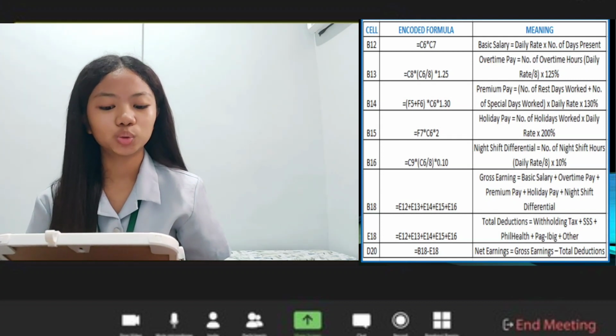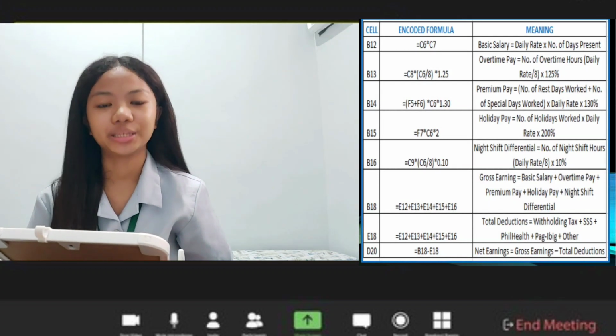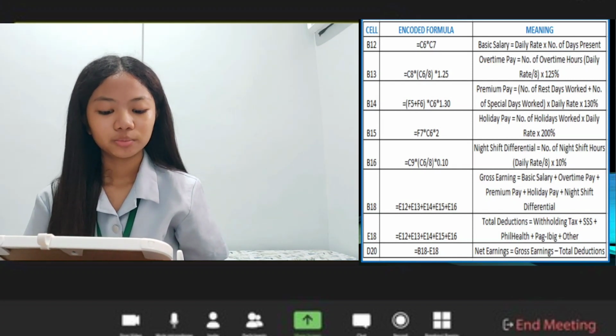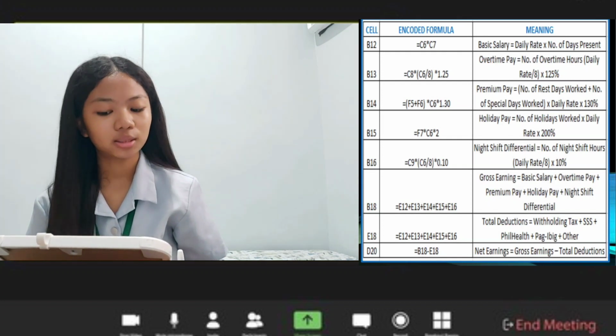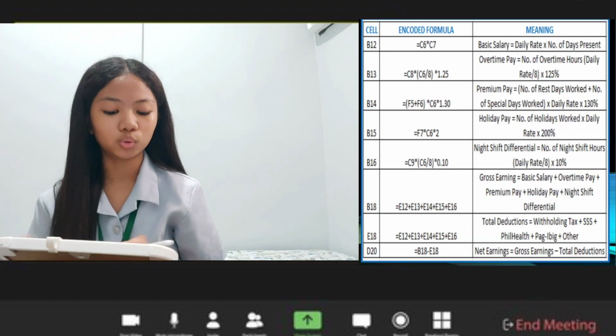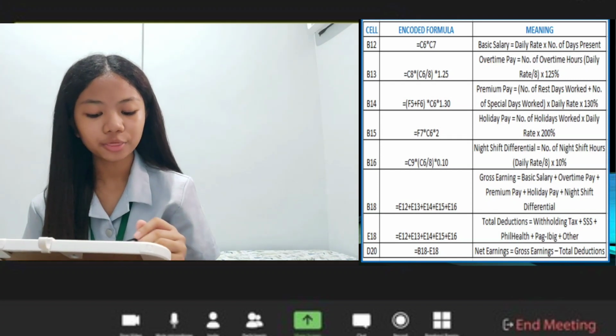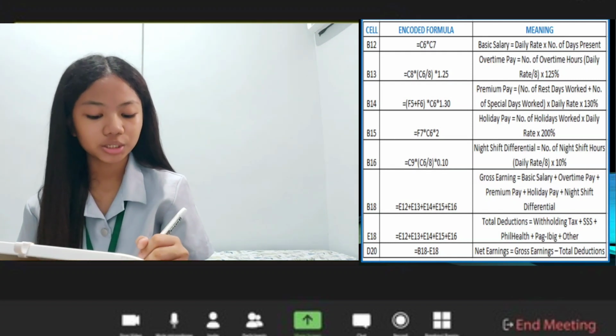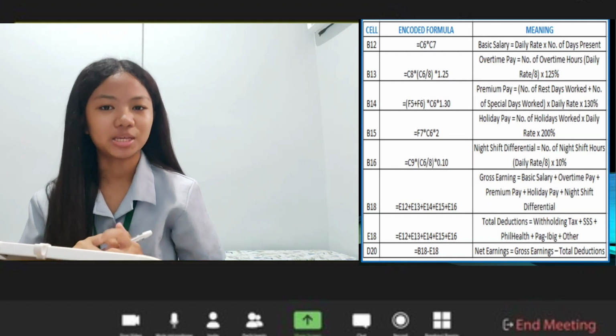So let's proceed to night shift differential or NSD. It is equal to the number of night shift hours times daily rate over 8 times 10%. So it is equal to 4 multiplied by 1,000 over 8 times 10%, which is 50 pesos.